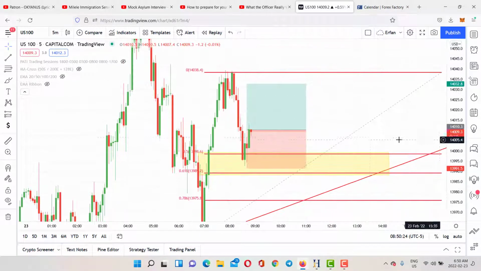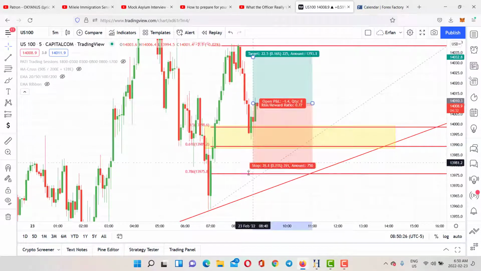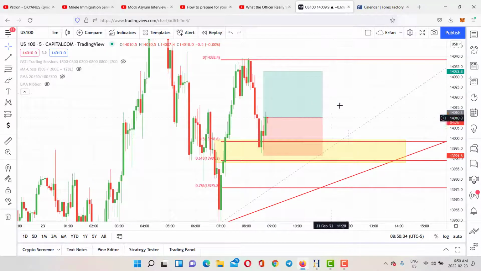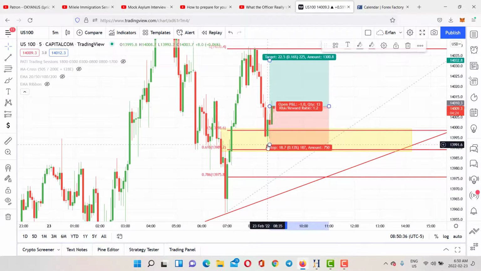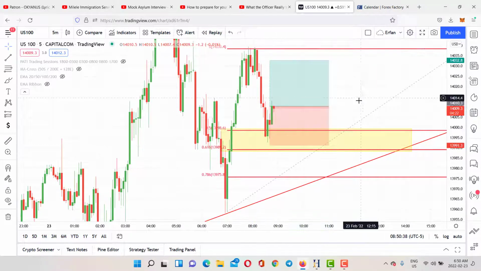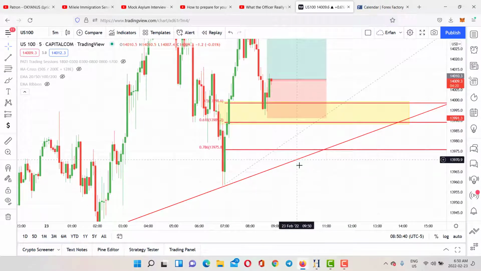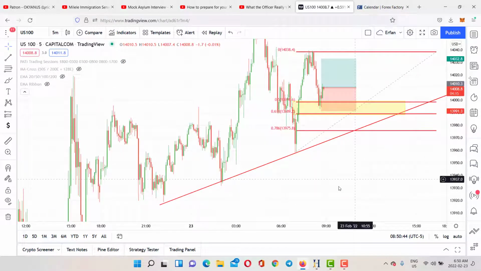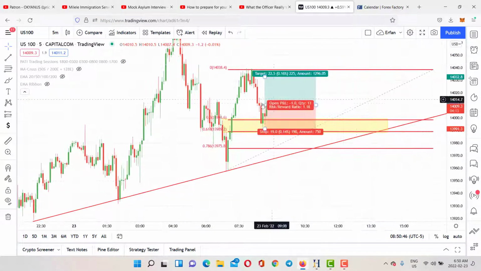That kind of tempted me to get into the trade, because I could put my stop loss here or here, but I'm not going to put it above. I'm going to put it below this candle, because if it wants to break below this candle, what is going to happen is that it's going to tap into this trend line, and then it goes up or it goes down. We don't know. But so far, it looks good.